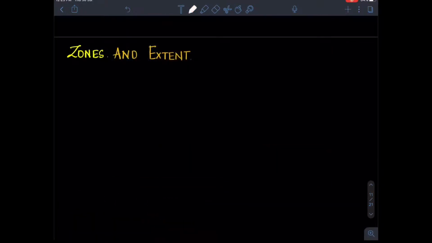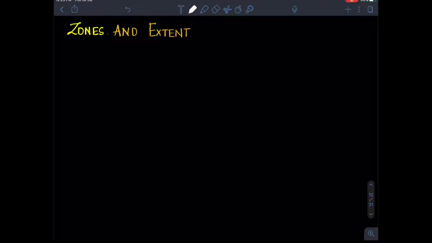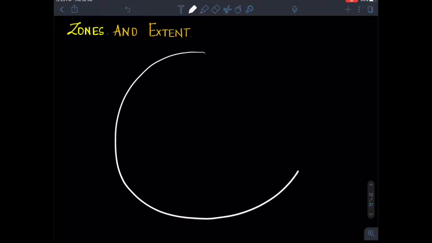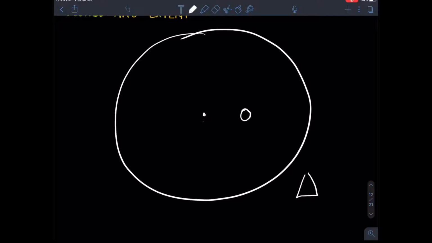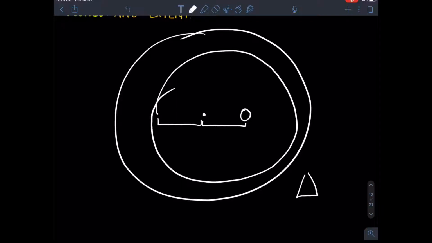Now coming to zones and the extent. We will see a diagram here. This is the retina, again the right retina. This is the optic disc, this is the fovea. Now keeping twice the distance between the optic disc and the fovea as the radius, we draw a circle. This represents our zone 1. Now the distance between the optic disc and the nasal ora, this is the nasal ora and this is the temporal ora, right?